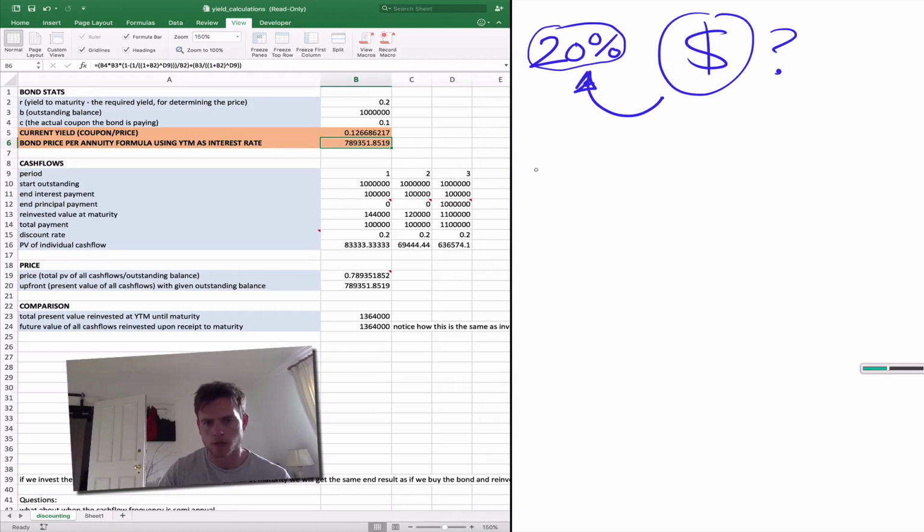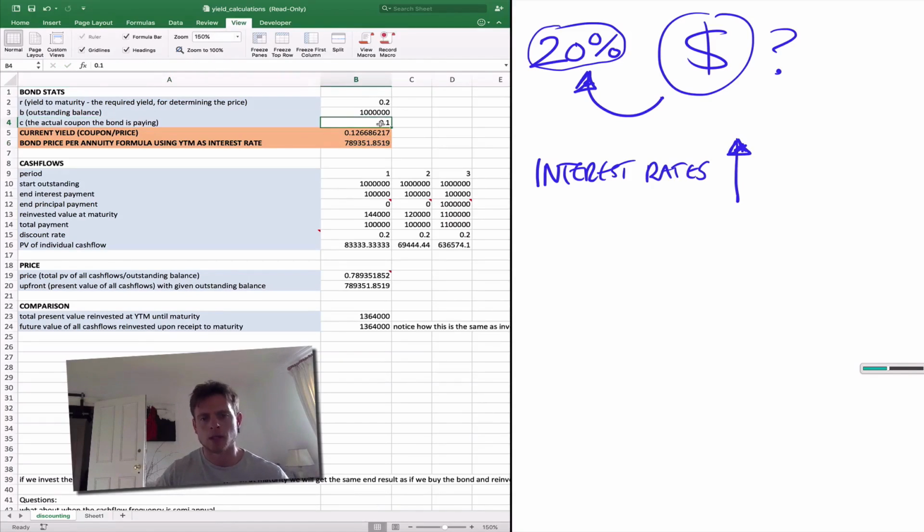You see this all over the place, and sometimes people find it unintuitive, but in the bond markets, when interest rates go up, and what I mean by interest rates is the prevailing market interest rates, not the interest rate of the bond, the interest rate of the bond stays the same, but the interest rate in the outside market, which is available for investors as an alternative, as that goes up, then the price goes down.